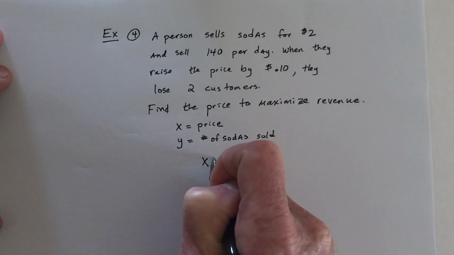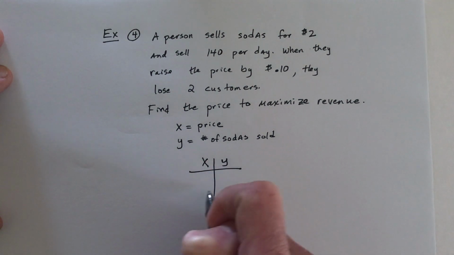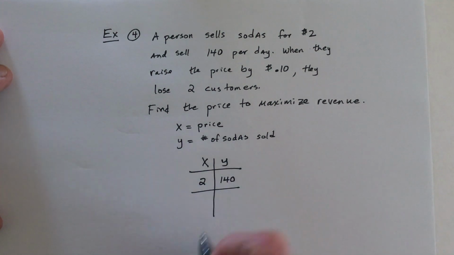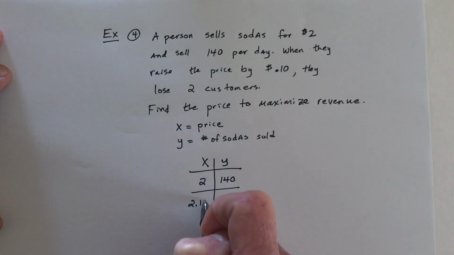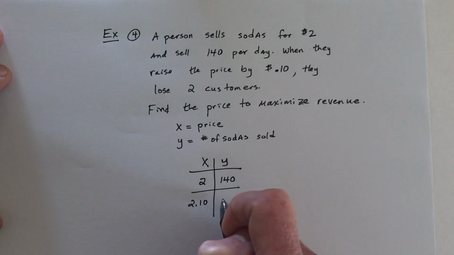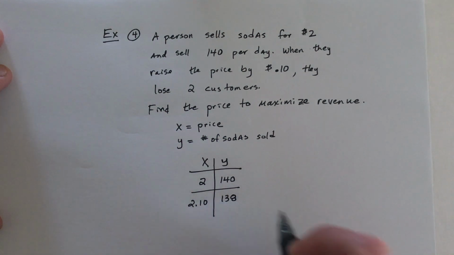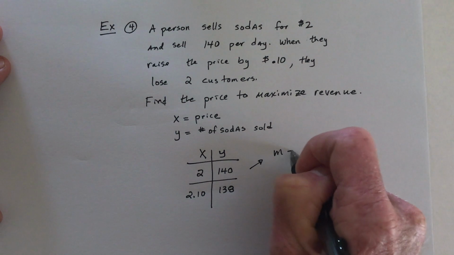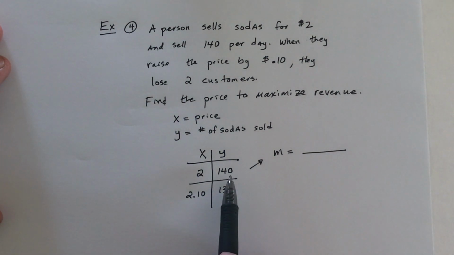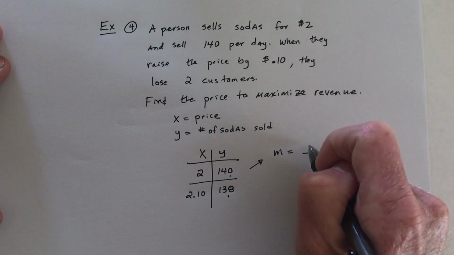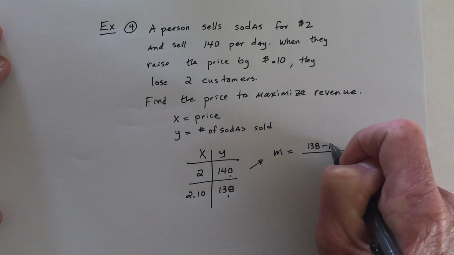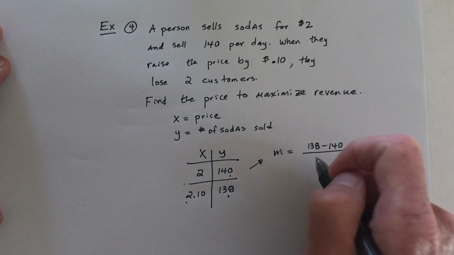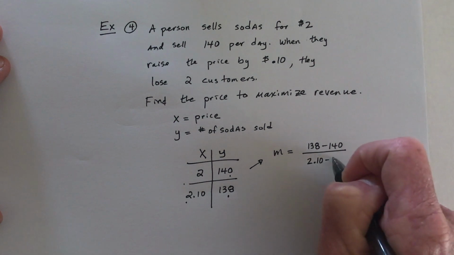And then I can even make a little table right here. So when X is $2, then they sell 140. If it goes up to $2.10, then they lose 2 customers, so then they're down to 138. And then find the slope. So slope equals y2 minus y1, 138 minus 140, over x2 minus x1, so 2.10 minus 2.